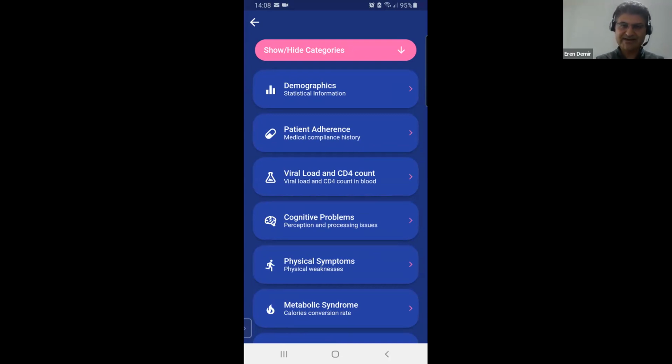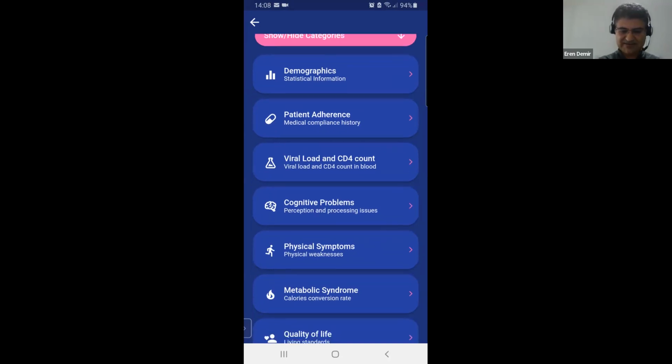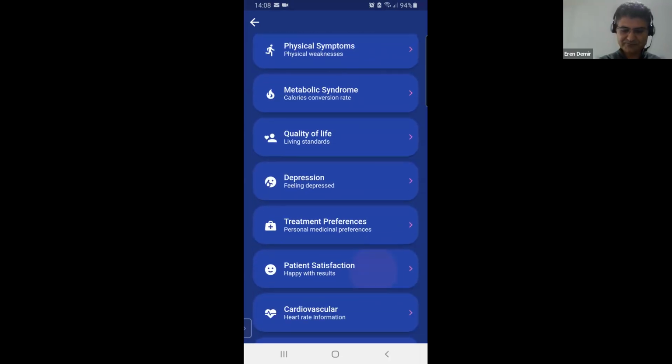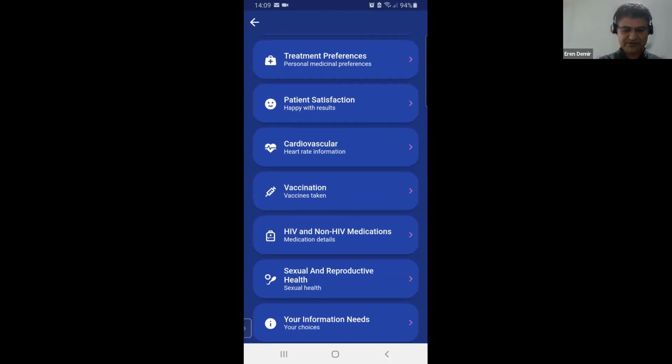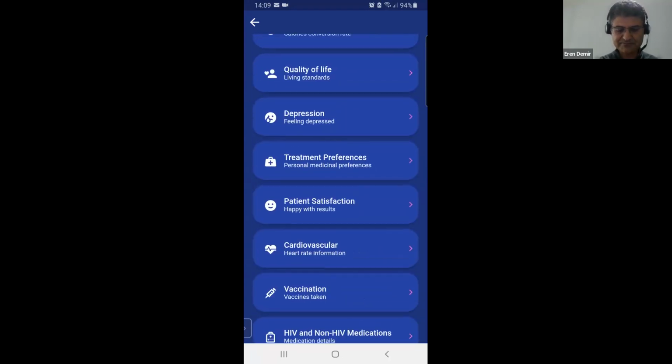And so we need to collect some data so that we can use it to generate all the reports and all the algorithms we're using. There's about 15 categories of information over here. We use things like cardiovascular because we need that information to be able to predict risk of cardiovascular disease, risk of metabolic syndrome, and so on. So there's quite a bit of information that we collect over here.